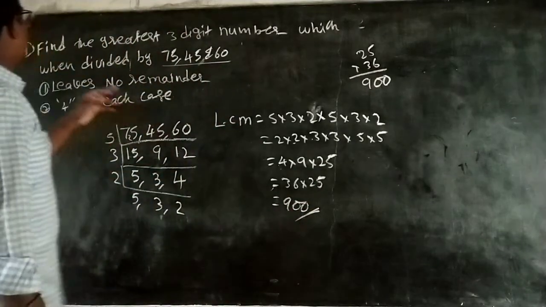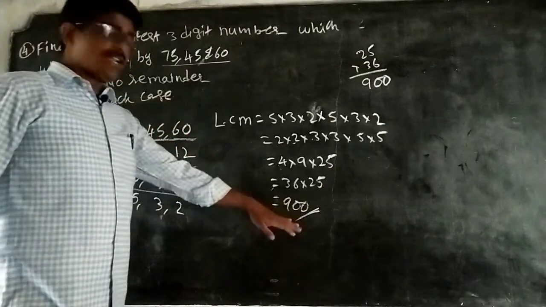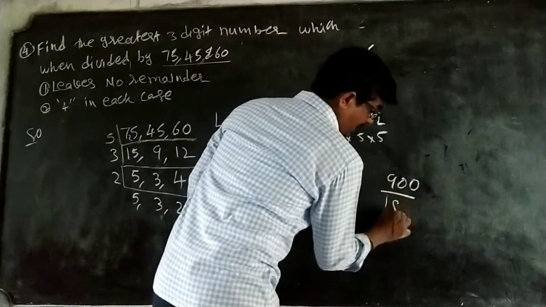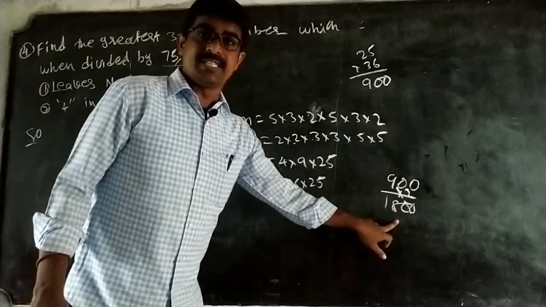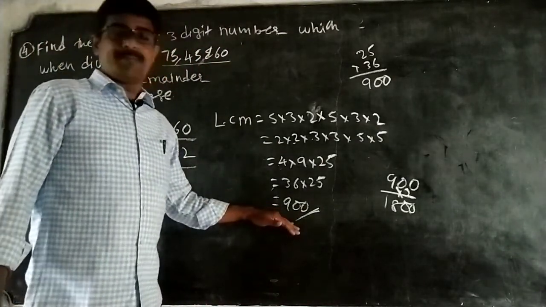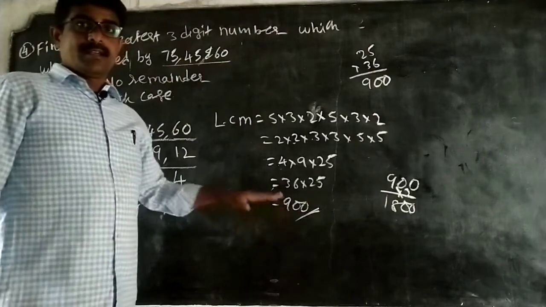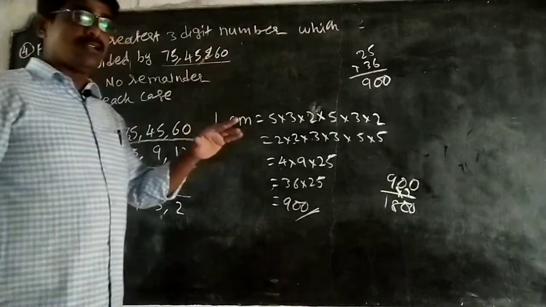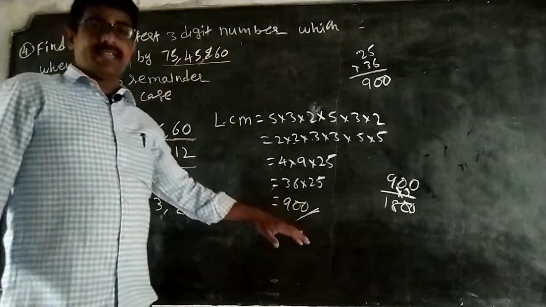Is it the greatest or not? Whenever greatest is asked, first take 900, then multiply again: 900 2s are 1800. This is a 4-digit number, but the question asks for the greatest 3-digit number, so only 900 is possible. The largest 3-digit number is 999, but the LCM of these three is 900 only.